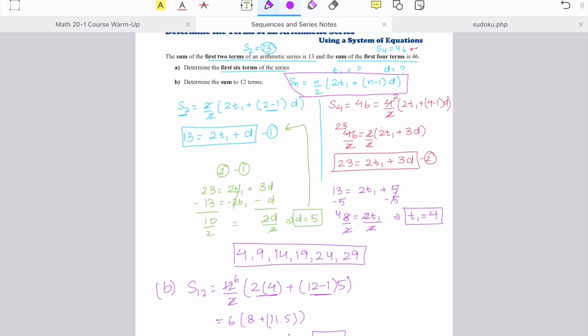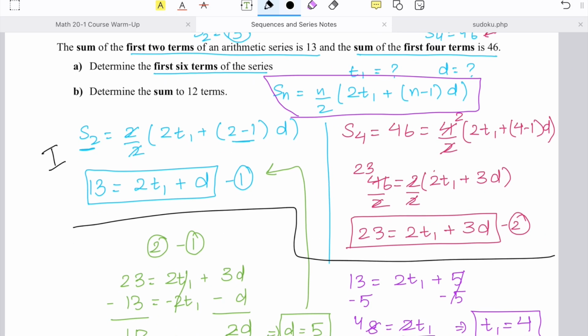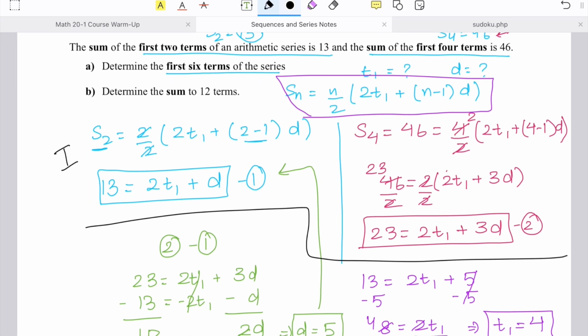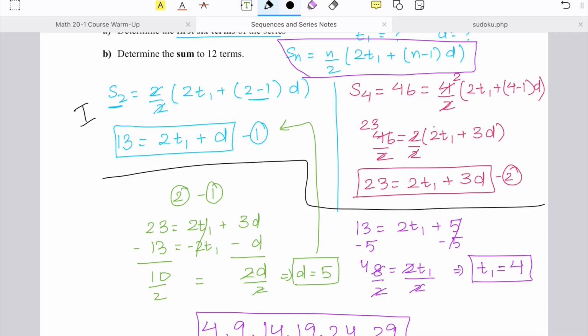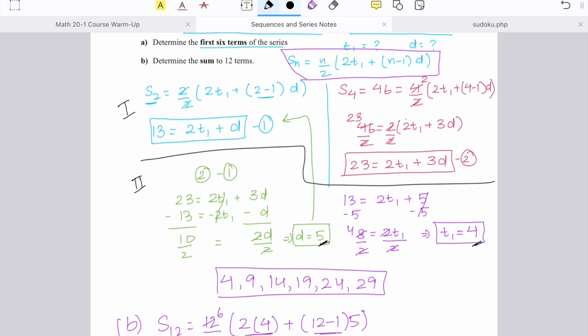But if I were to break this down into steps, all I first did was make 2 equations. That was my step 1, making 2 equations, right? After that, I found the values of D and T1. That was my second step, using either elimination or substitution. Then I just added them.